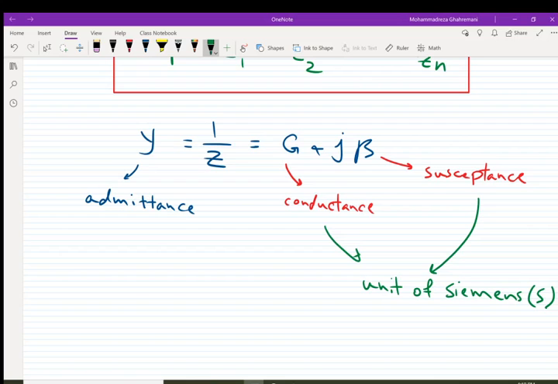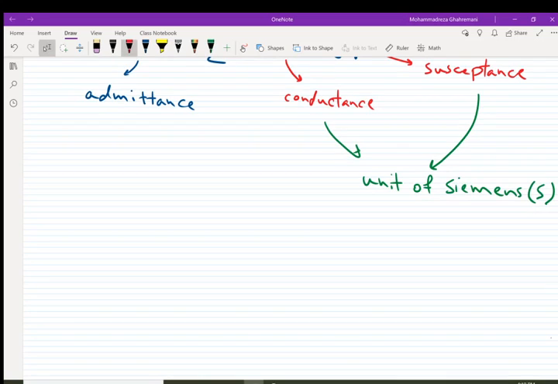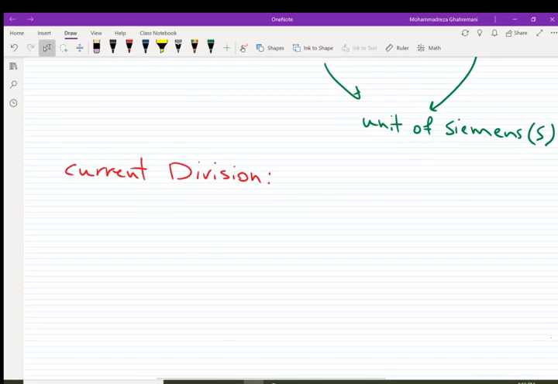components with different impedances. So let's see how we can find the current division in AC circuits. Current division.